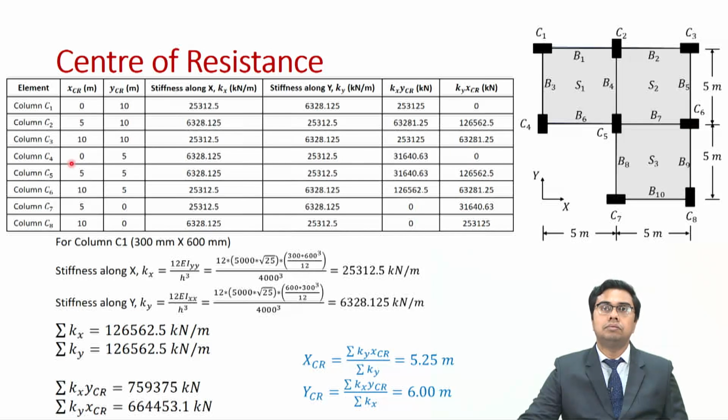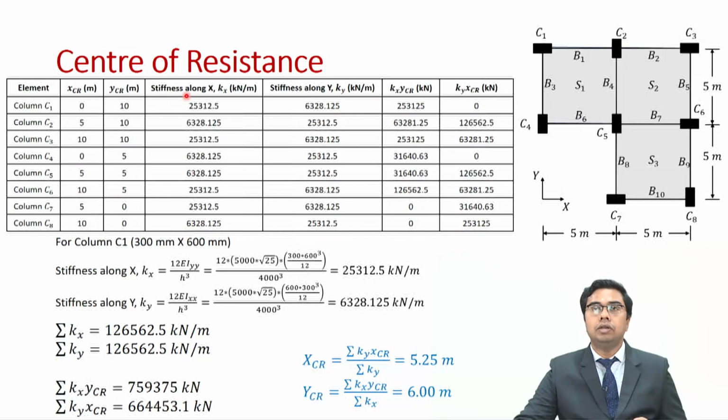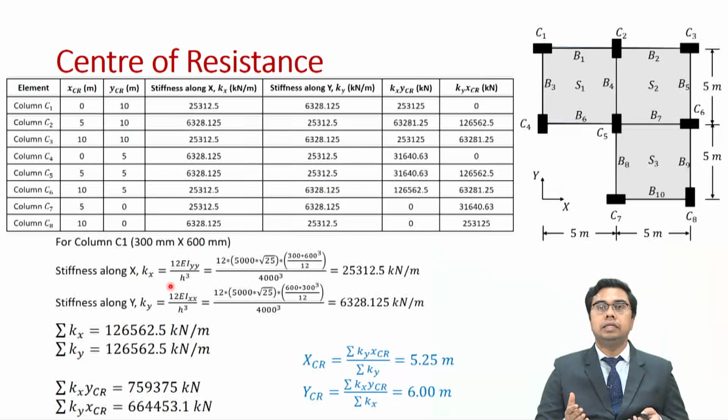Okay, and similarly it has been obtained for different columns and that is listed over here, and then we find out what would be the stiffness along x direction and the stiffness along y. When you are trying to find the stiffness along x direction, that is kx, you will use the expression k equals 12 EI by h cube, but you need to be careful.